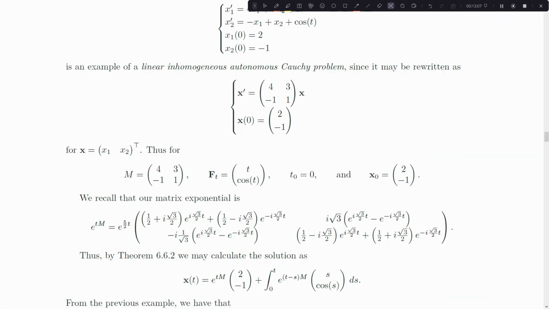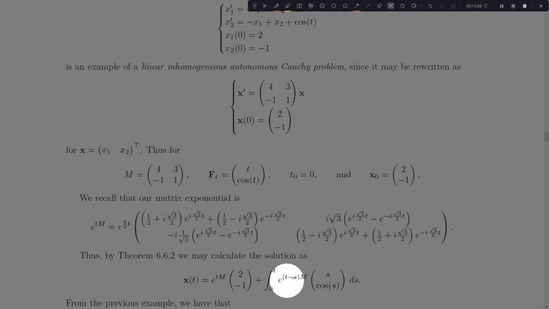You'll notice what I've done to utilize Duhamel's is f of s goes into the integral, and the integral is computed from t naught up to t. And then I have this s that I'm integrating against. So this is Duhamel's principle in action, and we just actually have to compute this.